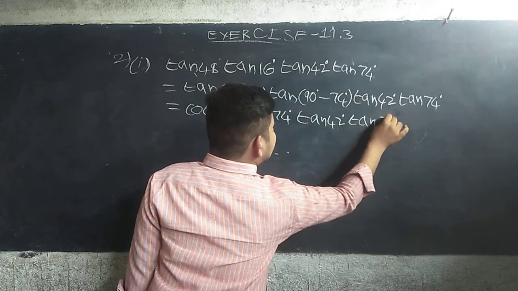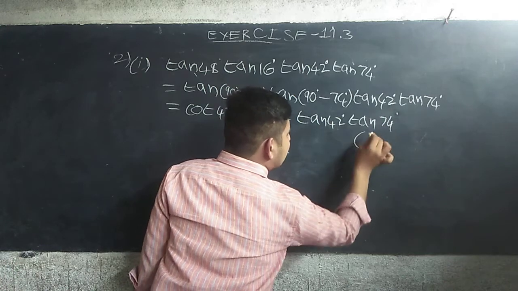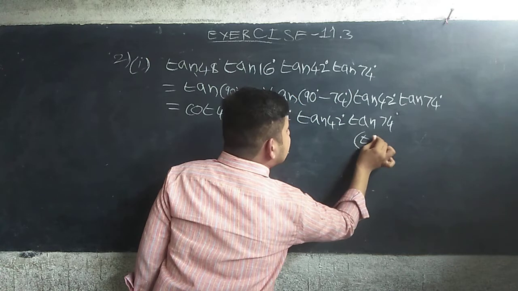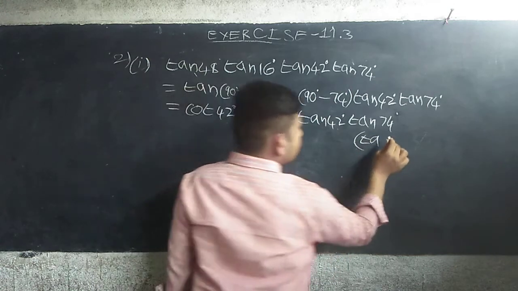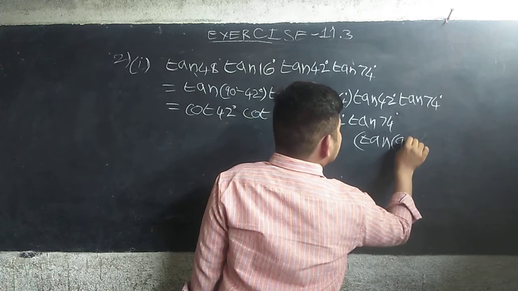Here we have used the formula tan of 90 minus theta equals cot theta.